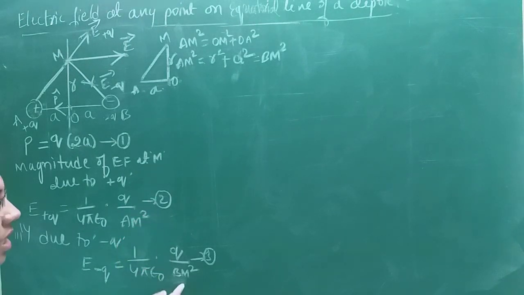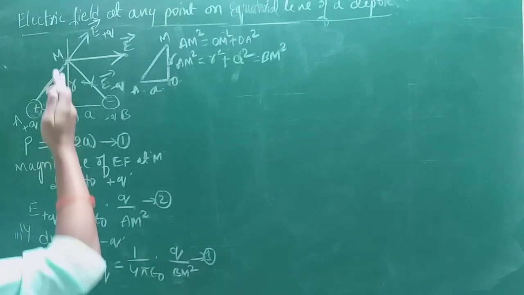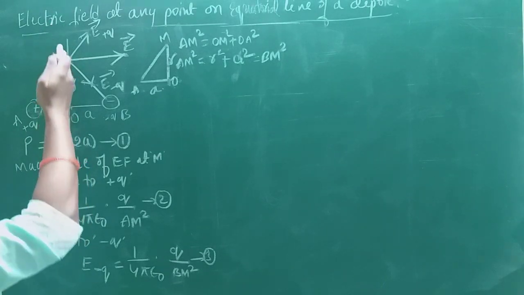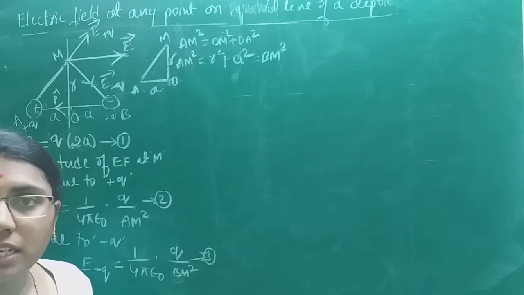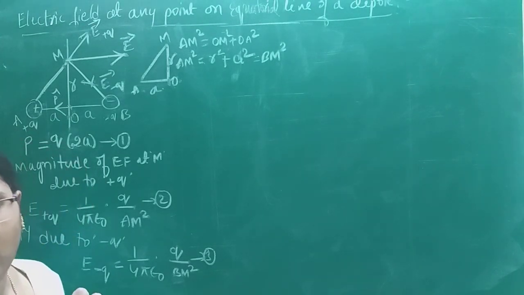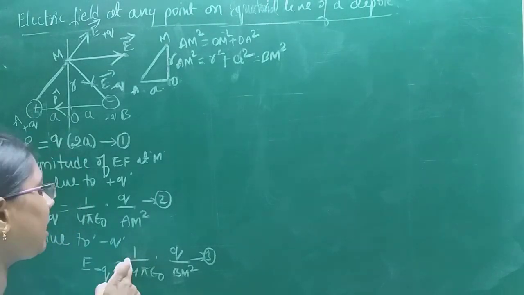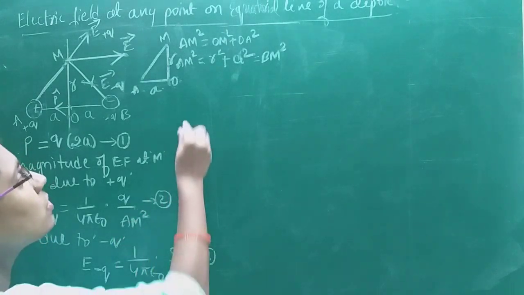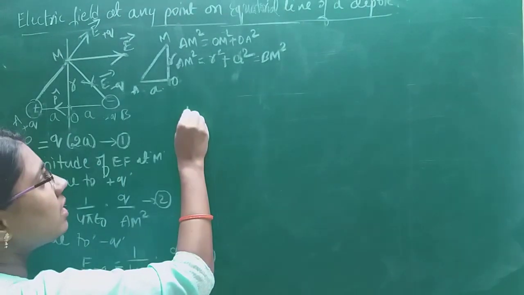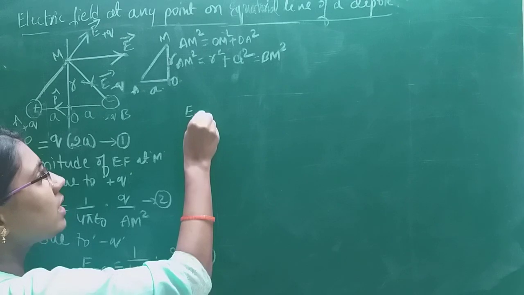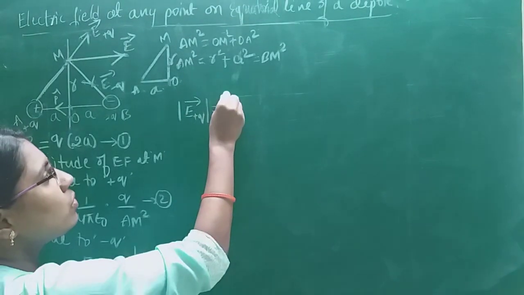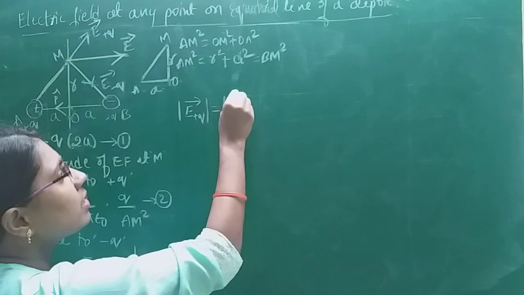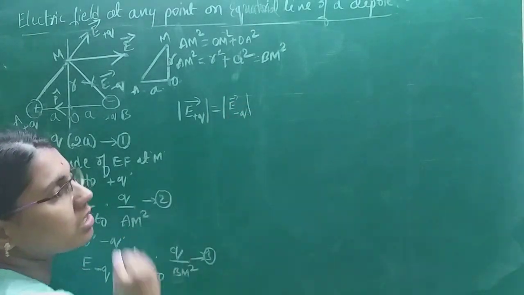That means both equation 2 and 3 are equal. That means if we want to find out the magnitude of electric field at any point on the equatorial line, the electric field due to both the charges in a dipole is equal in magnitude. So we write, magnitude of vector E plus Q, the electric field due to the positive charge, is equal to the magnitude of the electric field due to the negative charge.